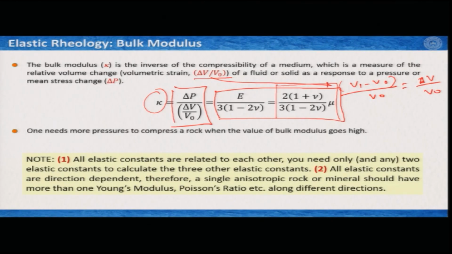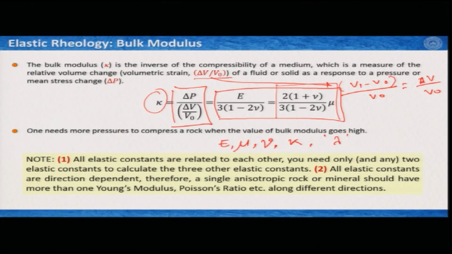Now, we have learnt Young's modulus, shear modulus, Poisson's ratio, and bulk modulus. There is also one left, Lame's constant. We will learn it later, but not right now.